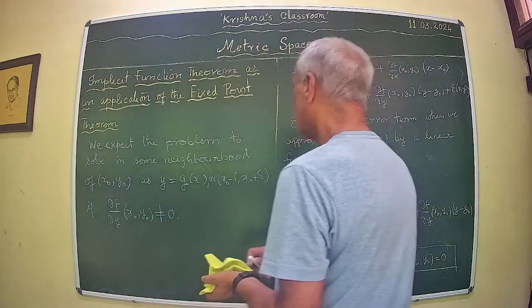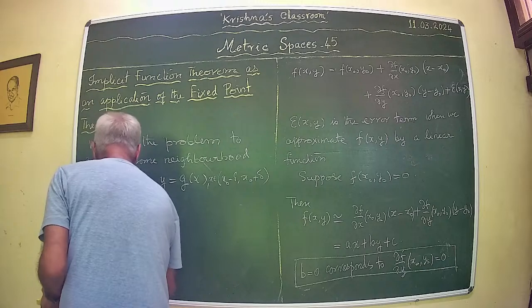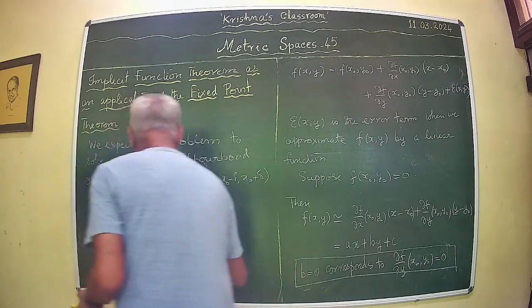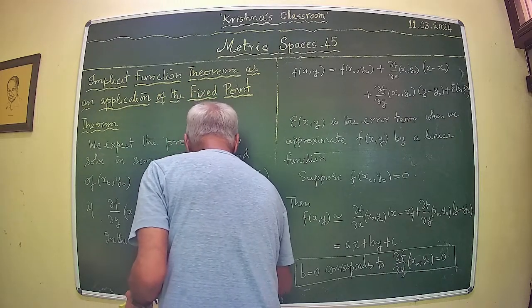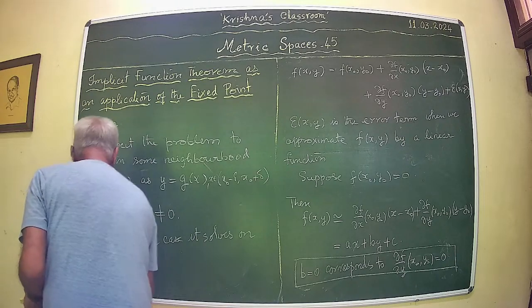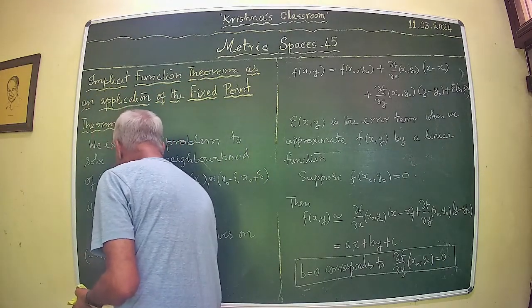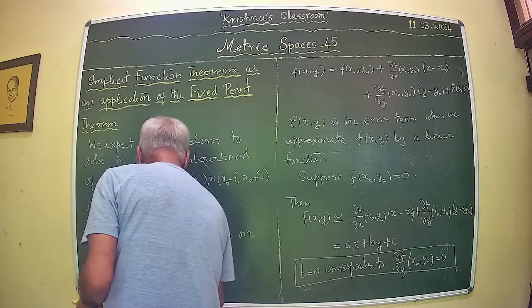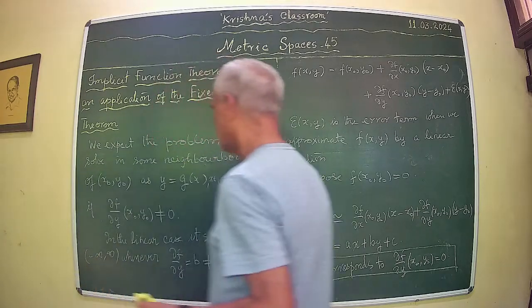In the linear case, it solves on minus infinity to plus infinity when df by dy is not equal to 0.